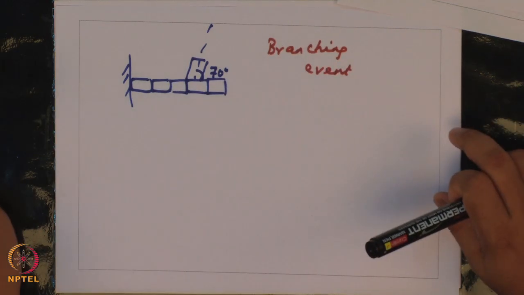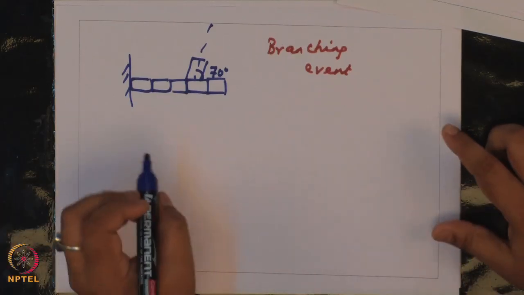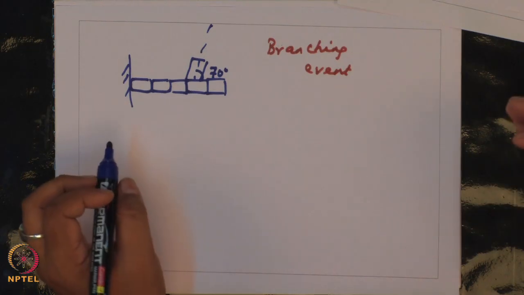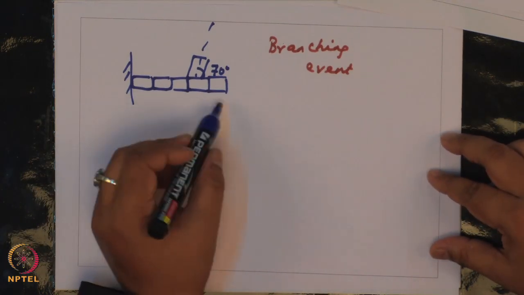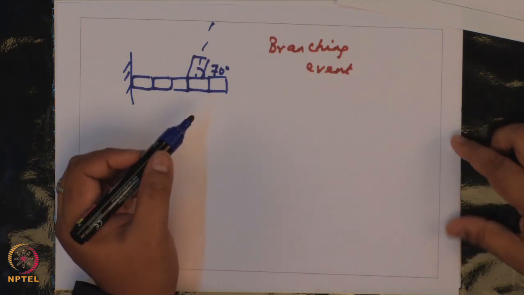Now, for the branching to occur, there are 2 constraints. One would typically expect that if a filament is too small, then a branch is less likely to form.